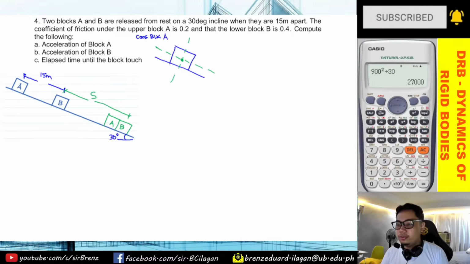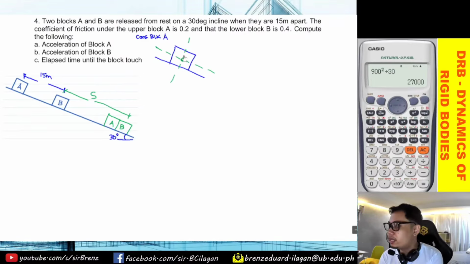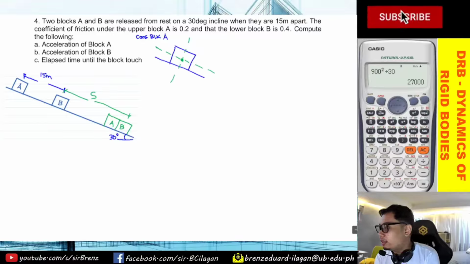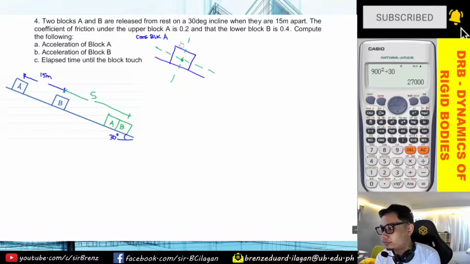The weight of block A was not given in the problem, but let's denote it as WA. Let's use blue. The weight is always acting vertically downward.